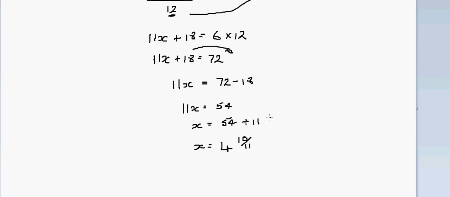Okay, now if I just rewrite this just so that you can see this, 54 divided by 11 is 54 over 11. So what we've got is 54 11ths. So if I break this down, 11 will go 4 times and I'll have 10 11ths left over. Okay, so that will be my final answer.